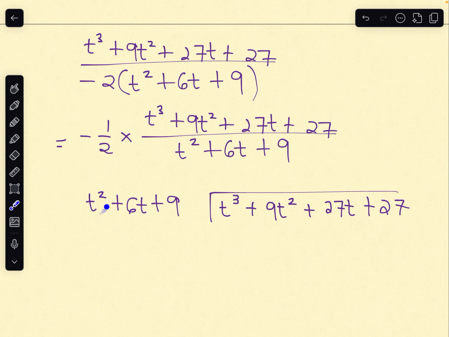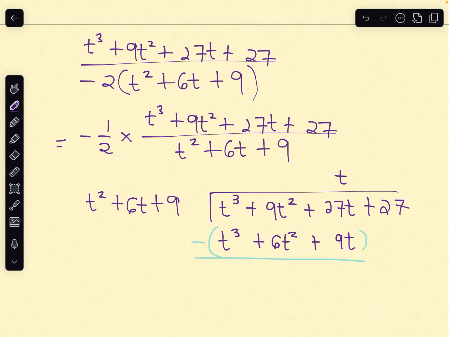What do you need to multiply t squared with to get t cubed? In other words, you would have to multiply it with t. So then you write it over here, aligned with the t term. Then you multiply the t with this. So that is going to be t cubed plus 6t squared plus 9t. Then we subtract.